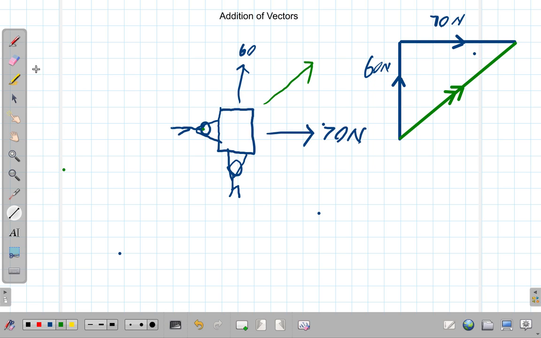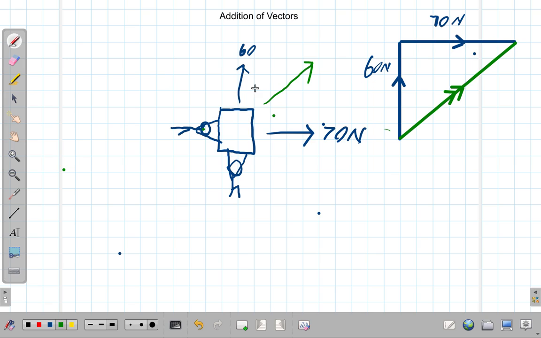So you can see here that if you draw the 60 in the same direction and then draw the 70 and join them up, what you would have is really your answer. So what was done here is that the 60 newton vector was added to the 70 newton vector. And we have this green one with the 2 arrows as the answer.